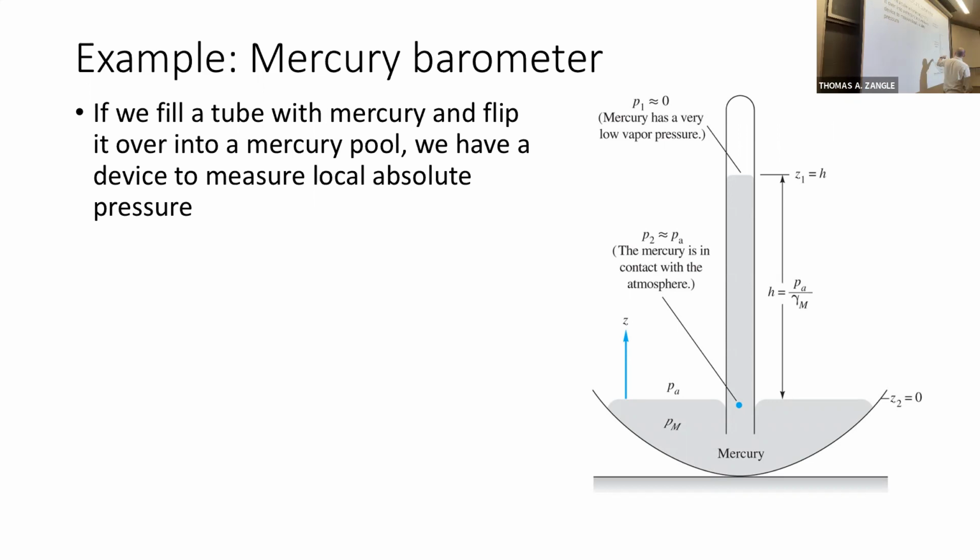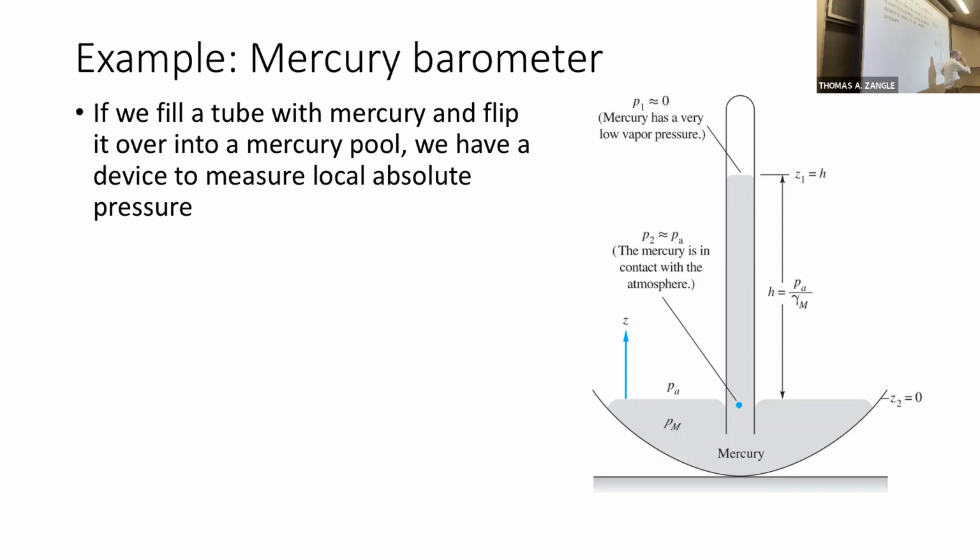Then we have atmospheric pressure pushing down on the fluid both in the column and in the pool. In the case of essentially no surface tension for a large cylinder, so we don't have any appreciable surface tension, then this would just be the height of the fluid.